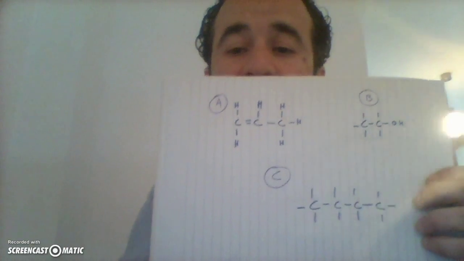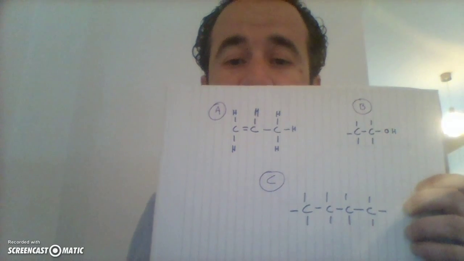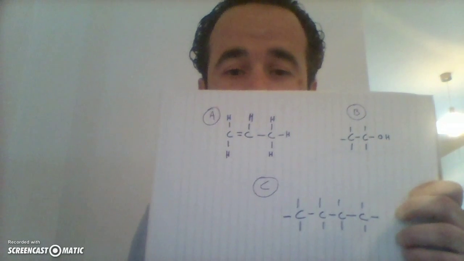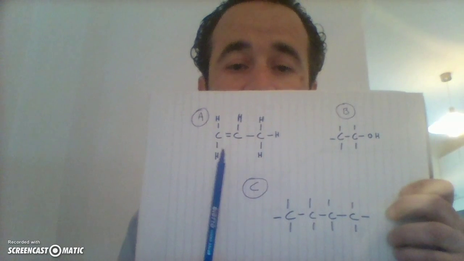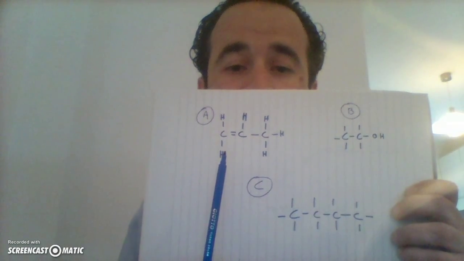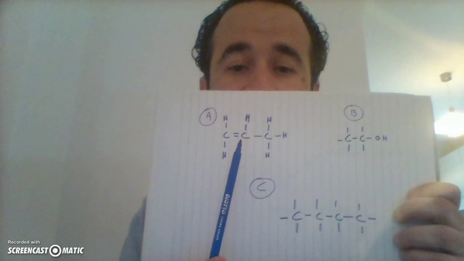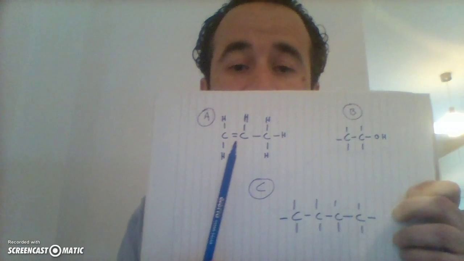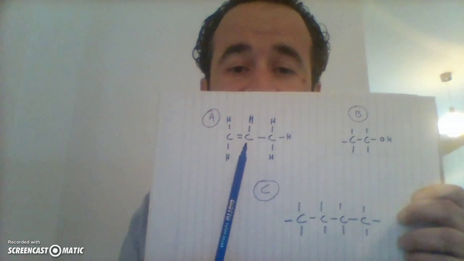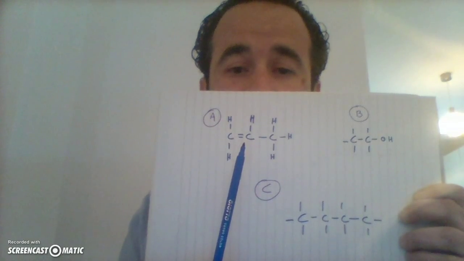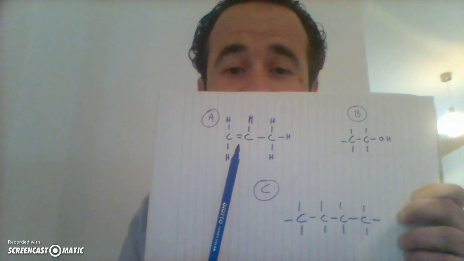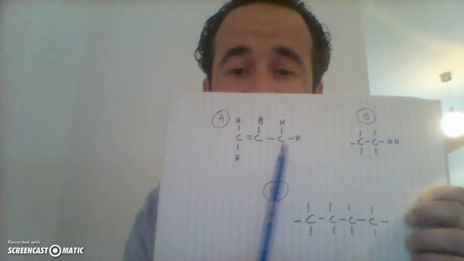Now, let's see if you understood exactly what an alkane is. If, for example, I gave you these three compounds, by now you should be able to tell me which one is an alkane. Let's see, for example, compound number A, it's got only hydrogen and carbon atoms, but there is a double bond between the first and the second carbon atom present on the molecule. Therefore, this is not an alkane. As we shall see in the next lesson, this is an alkene.